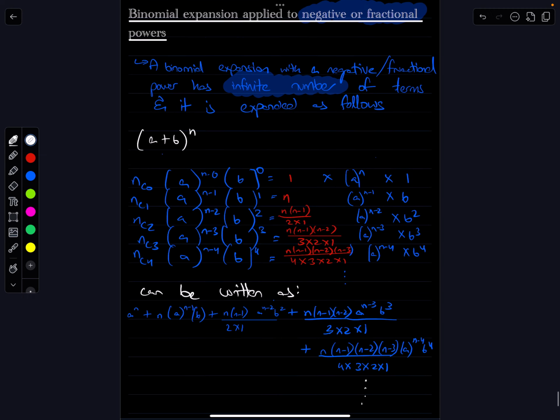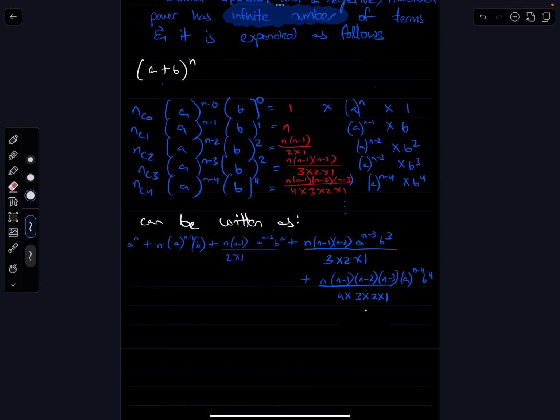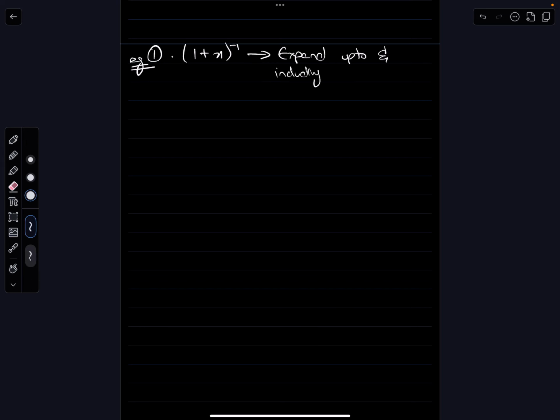Again, you won't be asked to expand completely, since anything with a negative fractional power has an infinite number of terms. So let's take our first example. Let's say I have (1 plus x) to the power minus 1, and I'm asked to expand up to and including, let's say, the first 4 terms.